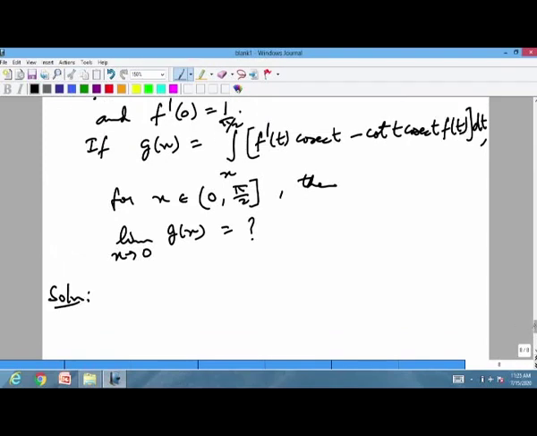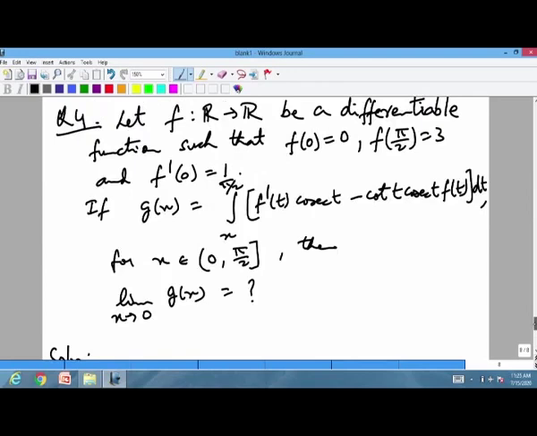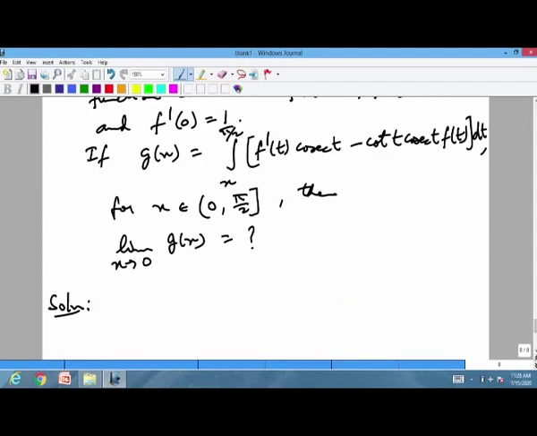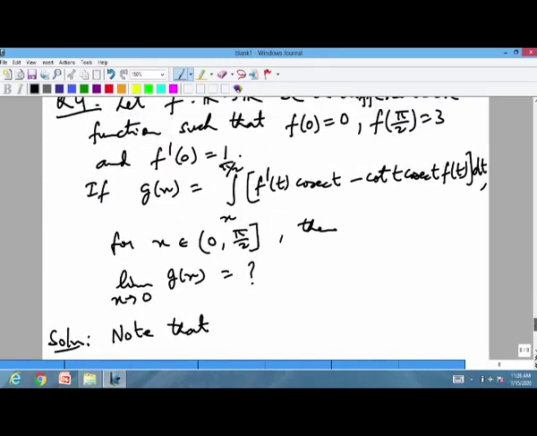So, this g of x is given in terms of this integral. So, first we should try to evaluate this integral to find the formula for g of x, and then we will try to find this limit. So, note that here if you see the integrand, it is f prime t cosec t minus cosec t cot t f t.